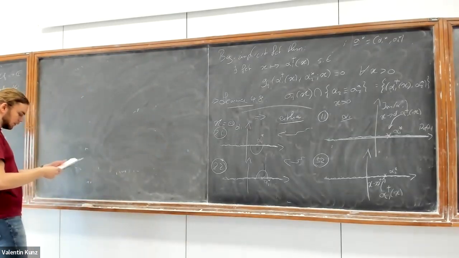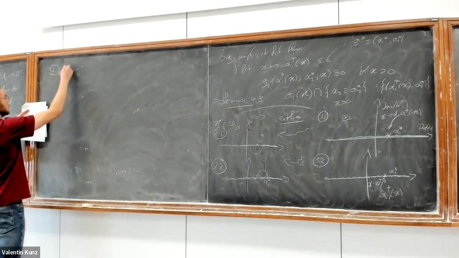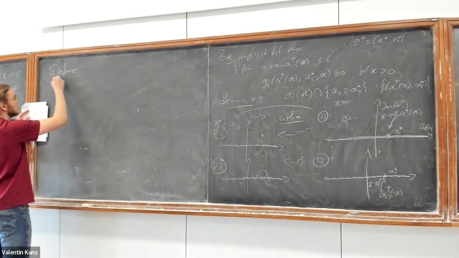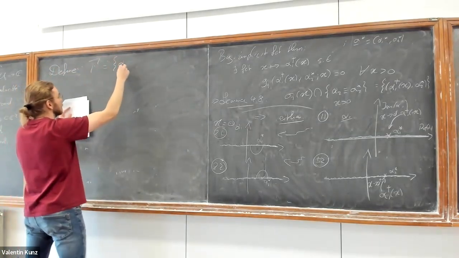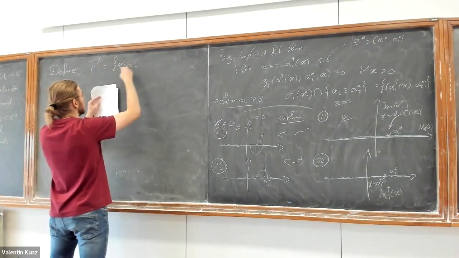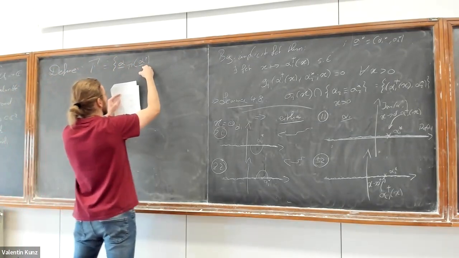Okay, so now define the lemma as the canvas we have. I will explain this in a moment. So this is just the real part of alpha.